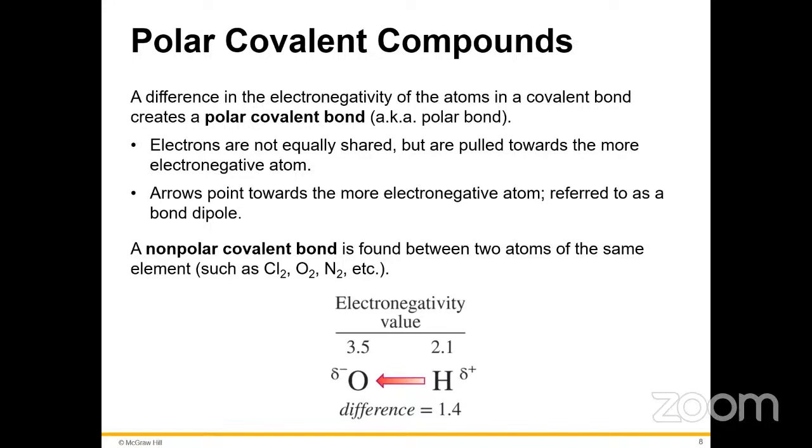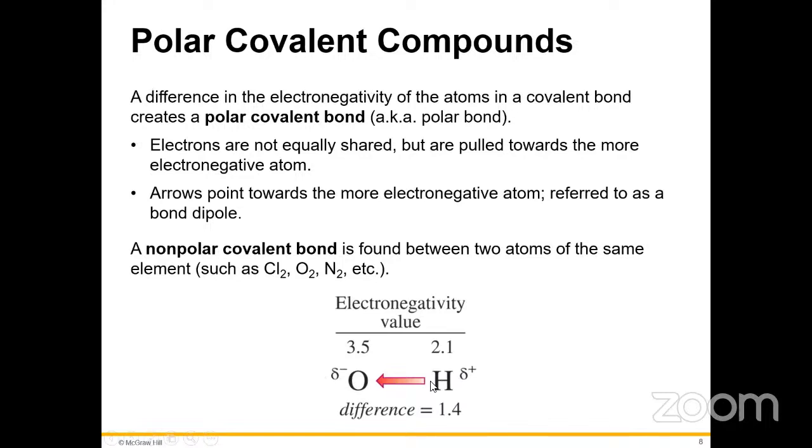The electrons that are shared will be attracted to the more electronegative atom, right? So we have what is known as a bond dipole, which is basically a measurement of the polarity of the bond as a result of unequal sharing of electrons. And we represent the direction of the dipole by using an arrow, as you can see here.